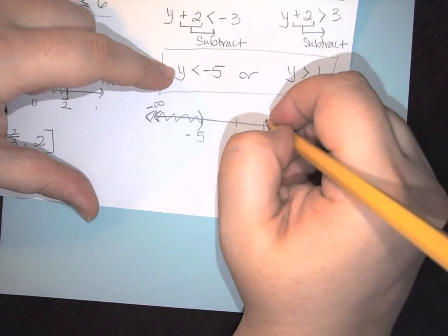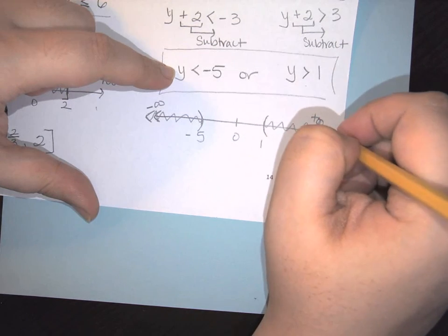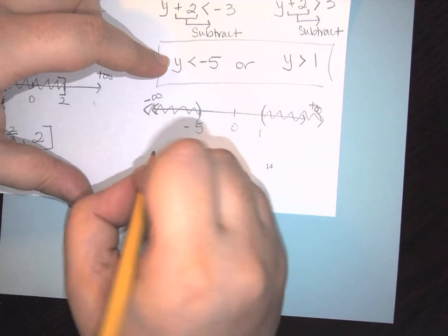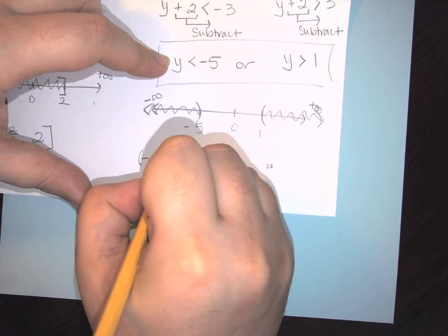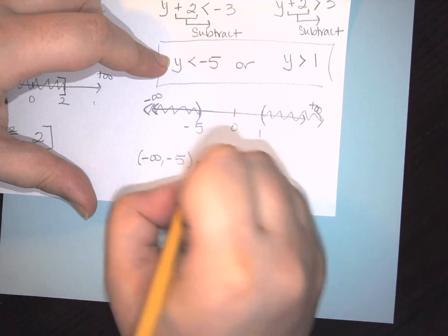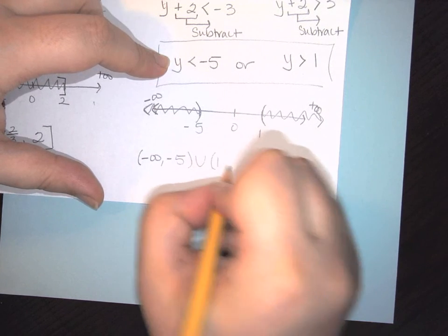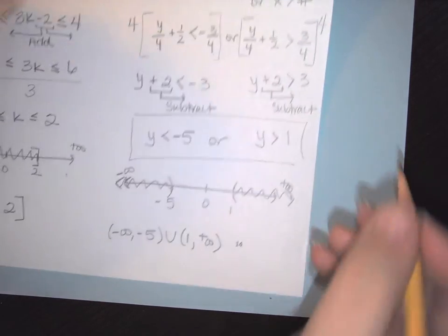And then y is greater than 1, so again a parenthesis around 1, and I'm going to shade out towards my infinity. To write its interval, again, I'm going to start at the negative infinity, I'm going to travel to negative 5, then I'm going to take a break, then I'm going to start again at 1 and travel to the positive infinity.